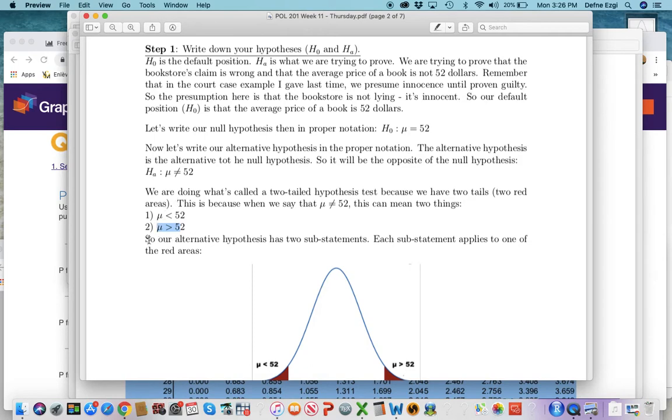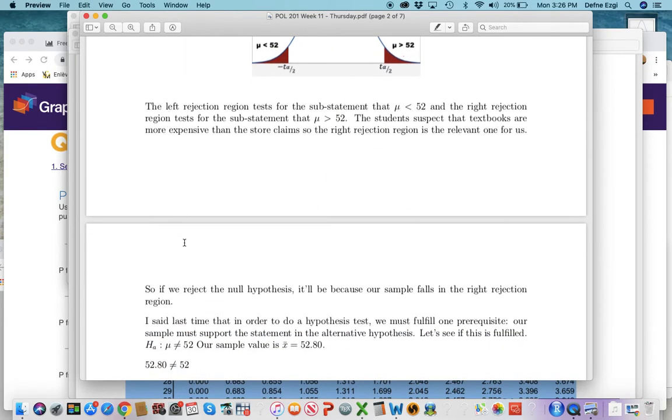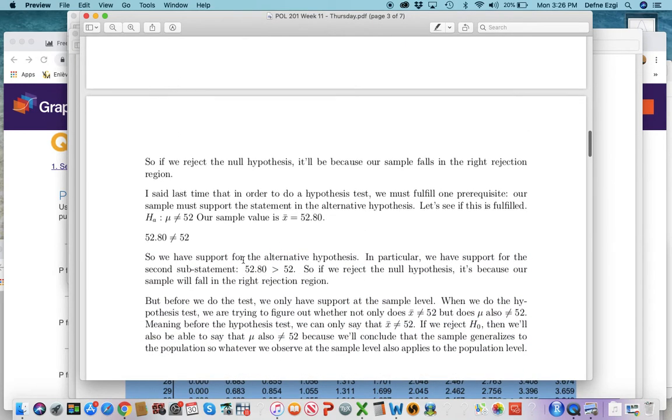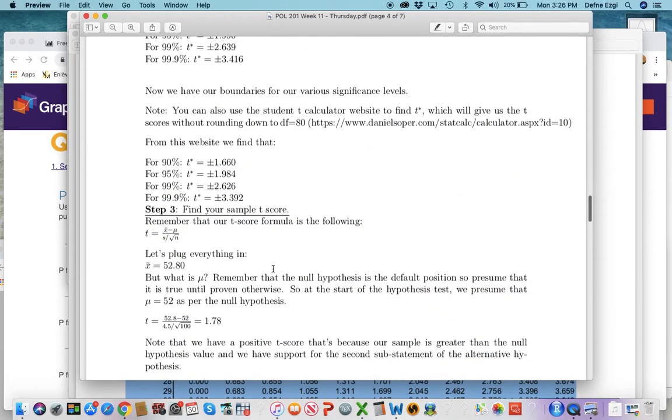That's why we have a positive sample t-score, because our sample value was 52.8, which is greater than 52. All right, so that's why we have a positive sample t-score of 1.78. So now we have the boundaries, and then we have our sample t-score.